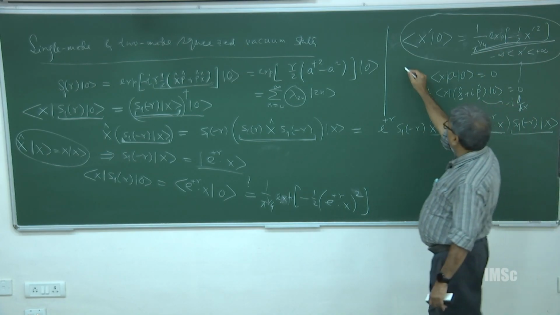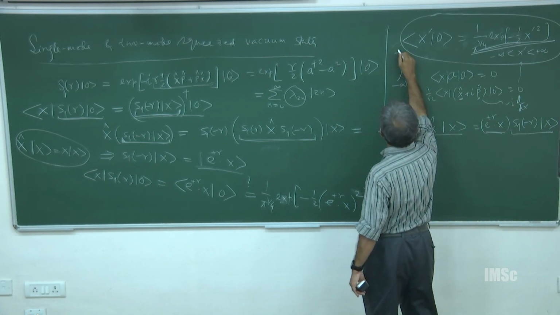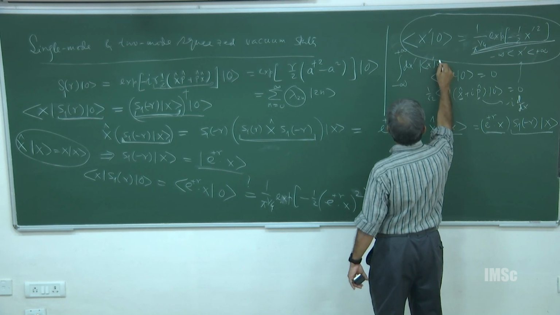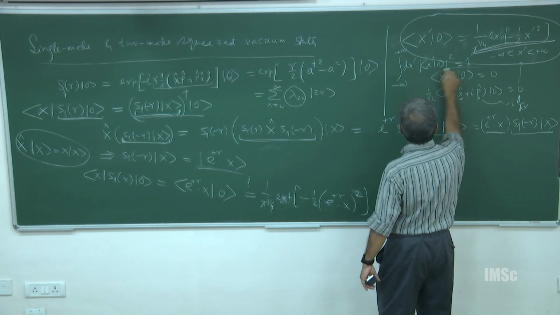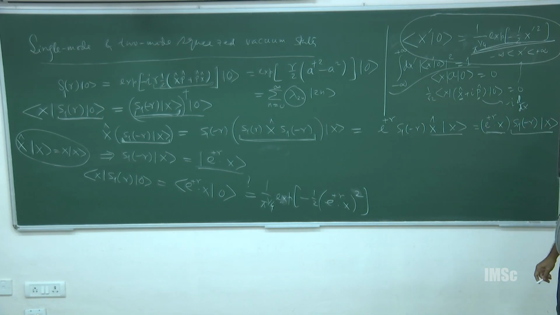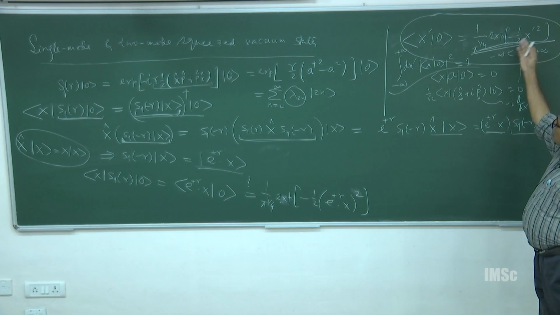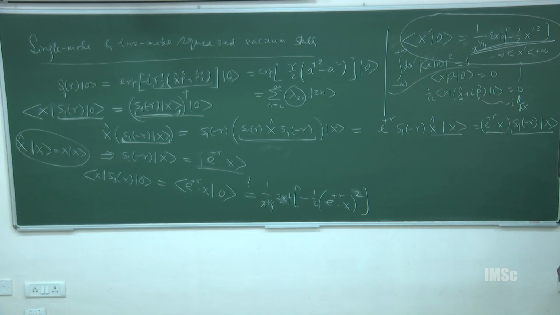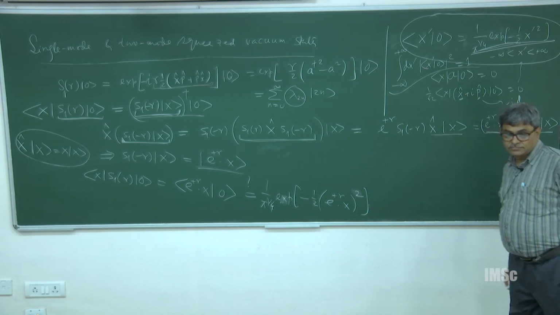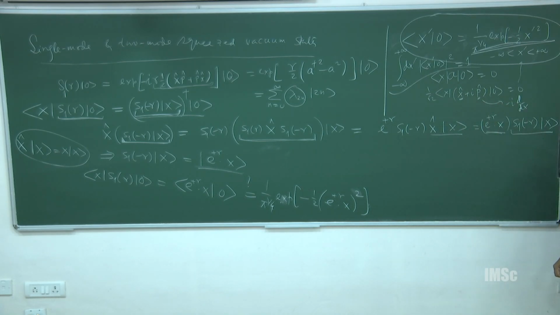In the sense that if I take minus infinity to plus infinity, dx prime, mod square of x prime 0, this has to be 1, right? It must be like you have to do the Gaussian integral. You can do that and you can figure out this is the case. Okay. What about here? Oh, okay. You're saying it's not normalized, right? I understood.